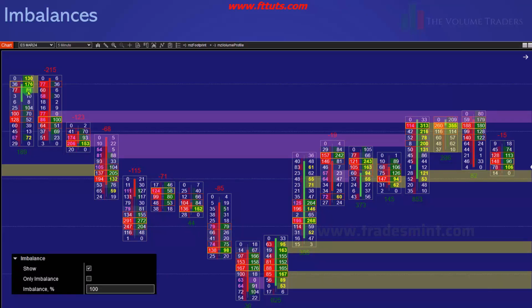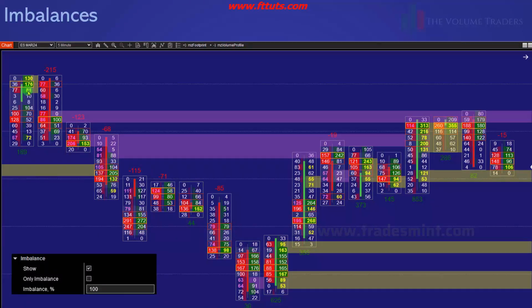So 200 in this setting is for more picky traders who want to see definitely bigger differences between buyers and sellers. I use it when I don't feel the market. I want to see stronger key levels.